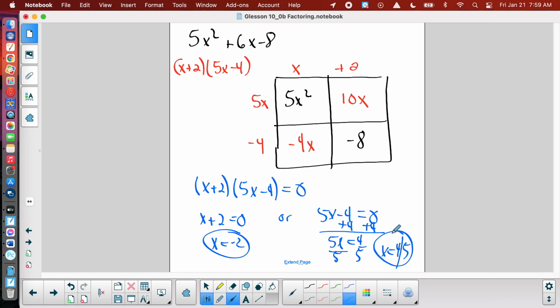Now, for those who are interested in why that works, what's really going on? We're setting that equal to 0. I'm just going to show you this for a second. 5x squared plus 6x minus 8.